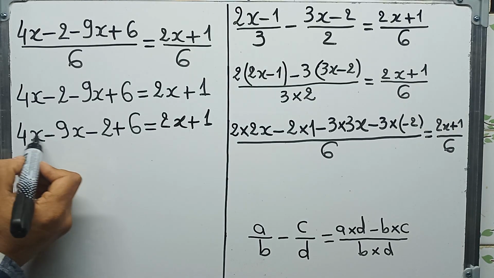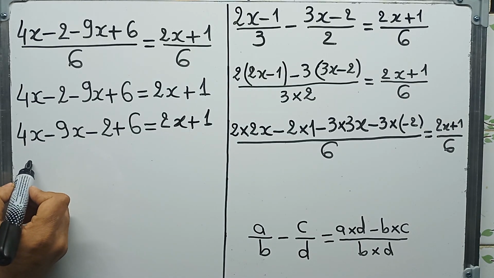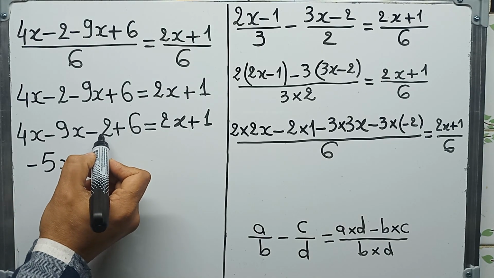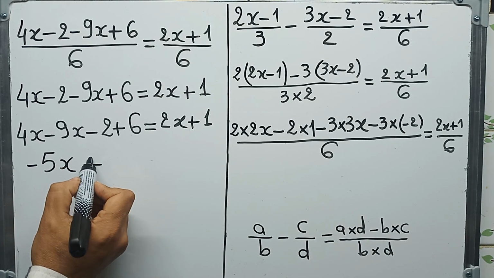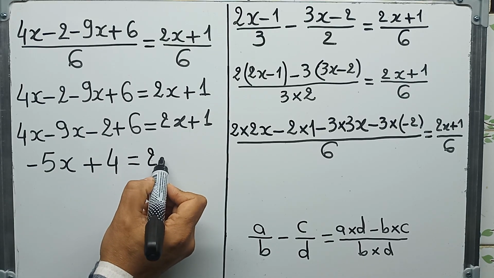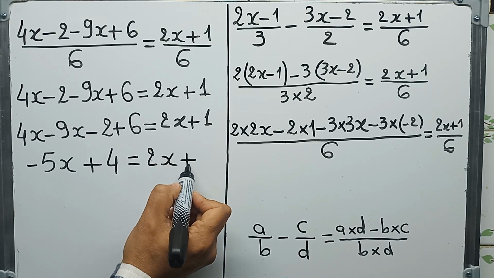And here you calculate 4x minus 9x is minus 5x, and minus 2 plus 6 is plus 4, equals 2x plus 1.